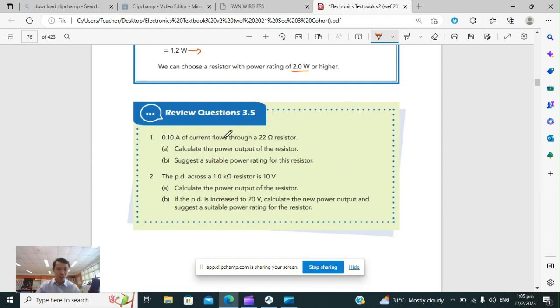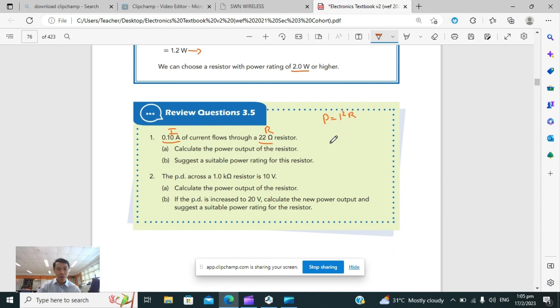So let's look at some review questions. Question 1, given 0.1 amps, 22 ohms. They give the resistor and they give the current. So I think back to the three formulas that I gave you. What formula for P involves I and R?